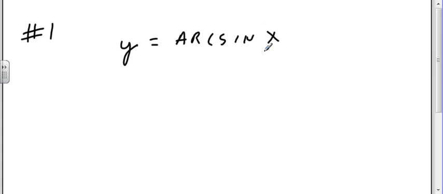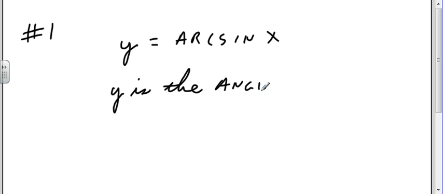So if I'm going to change that into English, I'm going to say that y is the angle whose sine is x.